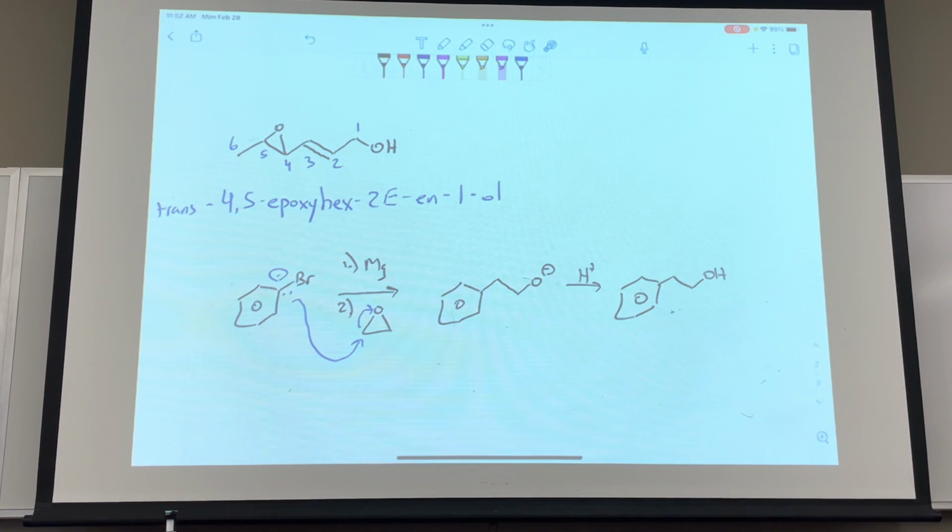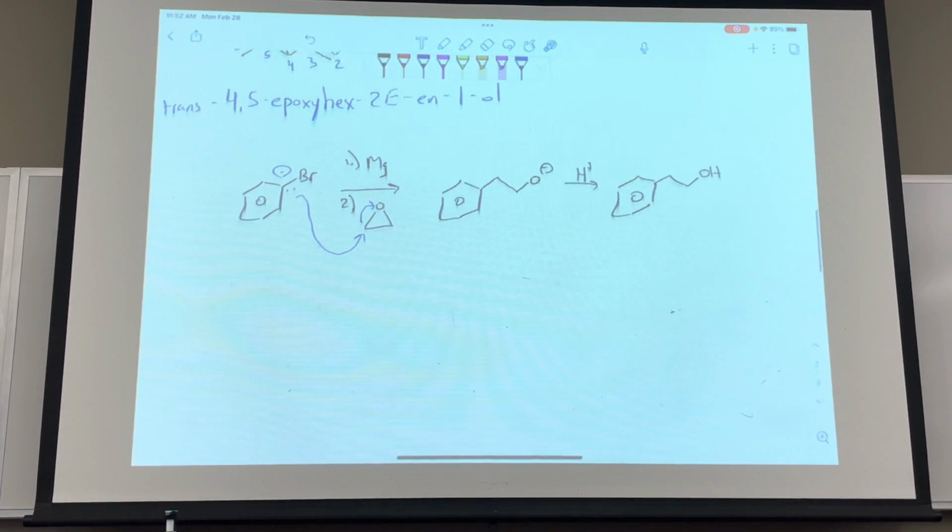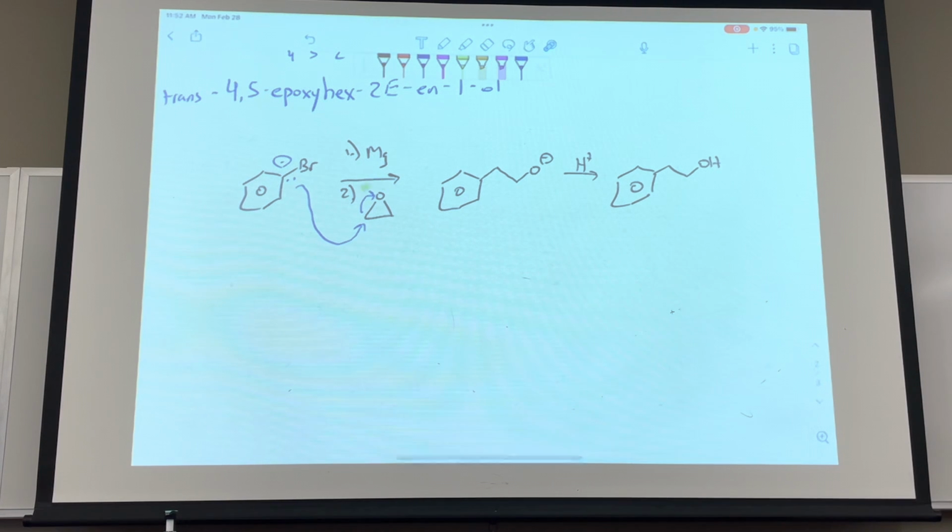All right. Okay, so this should be maybe a little surprising. For instance, let's imagine instead of doing this reaction with ethylene oxide, let's say I had just some other ether. Let's do this exact same reaction.